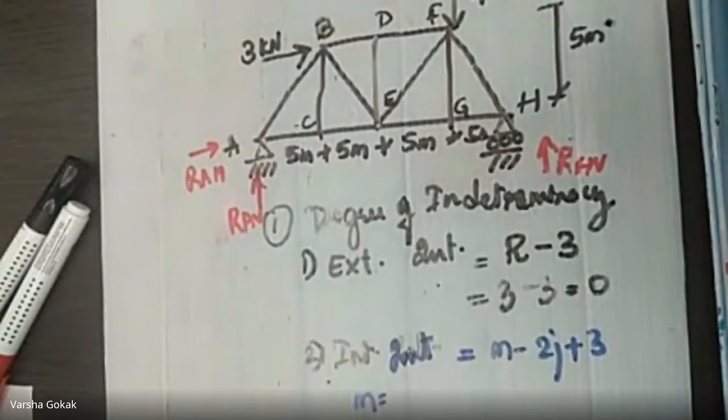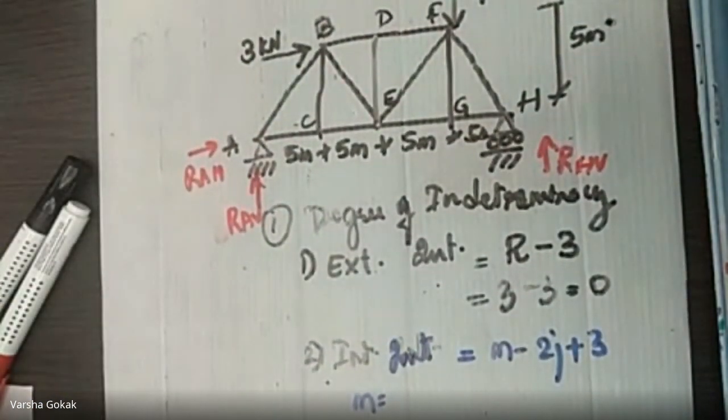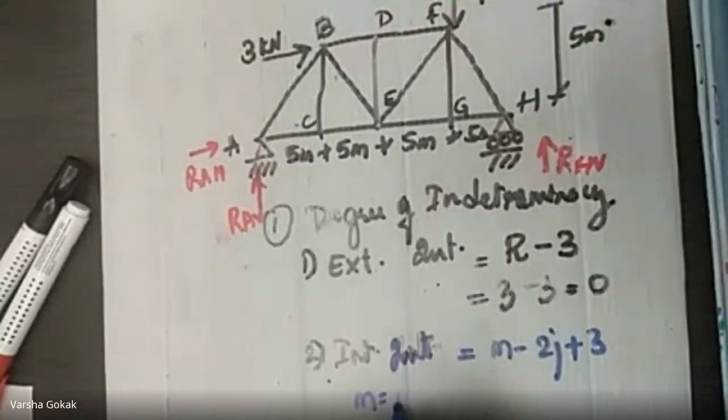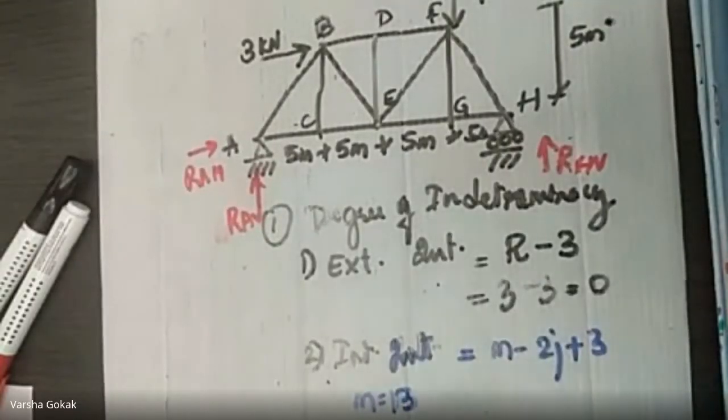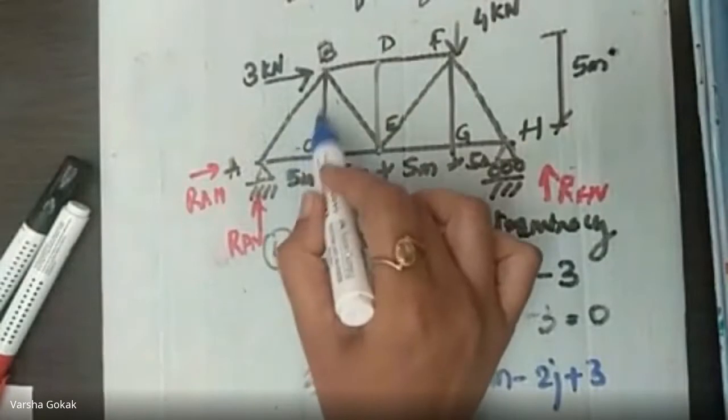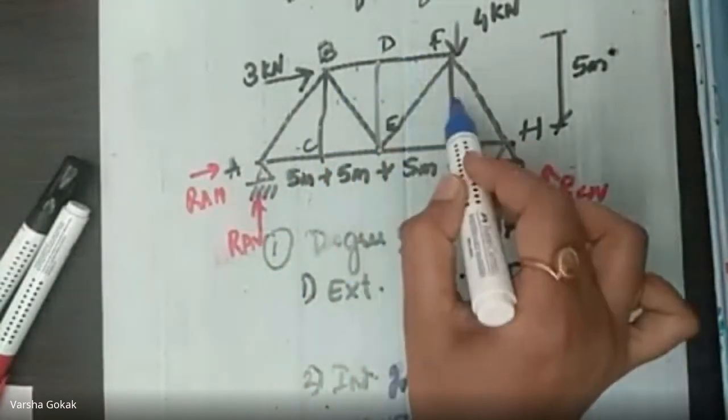What is M value? 13. Correct. The total number of members is 13. Count 1, 2, 3, 4, 5, 6, 7, 8, 9, 10, 11, 12, 13.